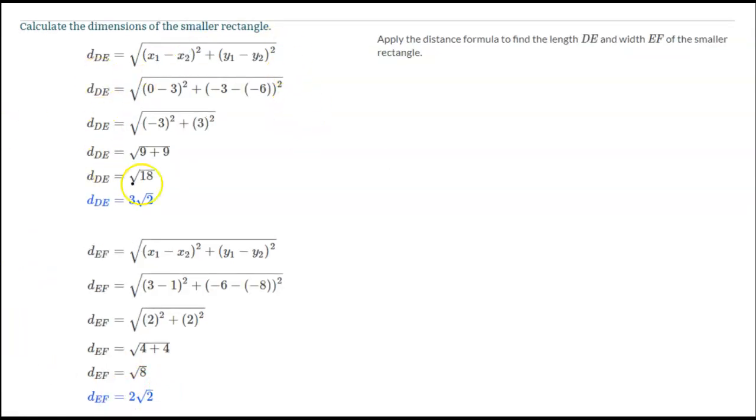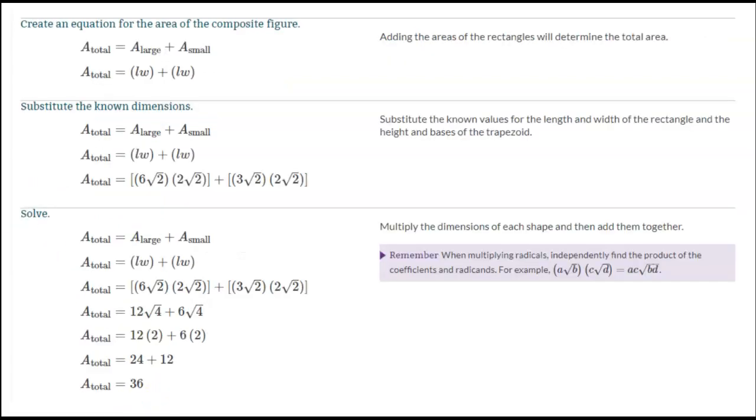My next calculation, applying the distance formula to DE and EF of the smaller rectangle, I find that it's 3 times the square root of 2 and 2 times the square root of 2. Now I'm going to plug each of those answers in.